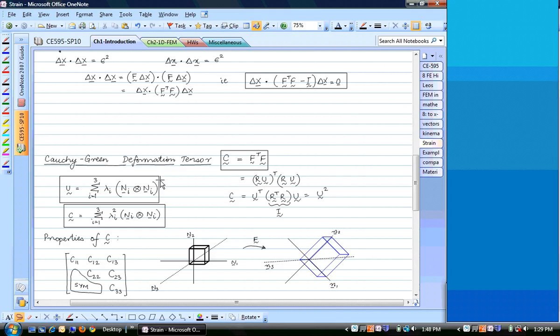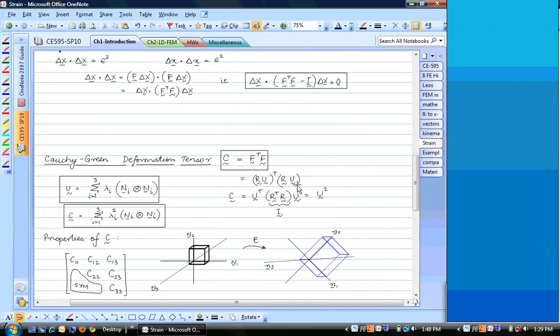Okay, yeah. So when you take this, you can also express it in terms of the polar decomposition. So take a look at this. Any F, whether the deformation gradient F has some rotation and stretch, it wouldn't matter to C. So F is equal to RU, that's coming from the polar decomposition.